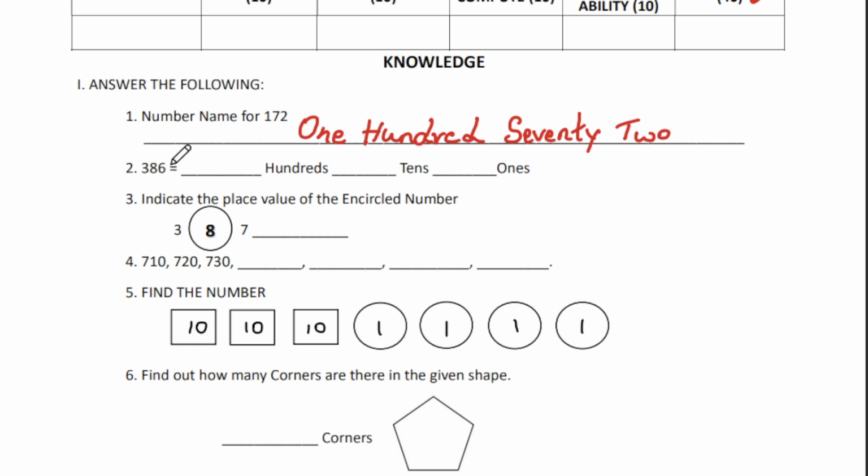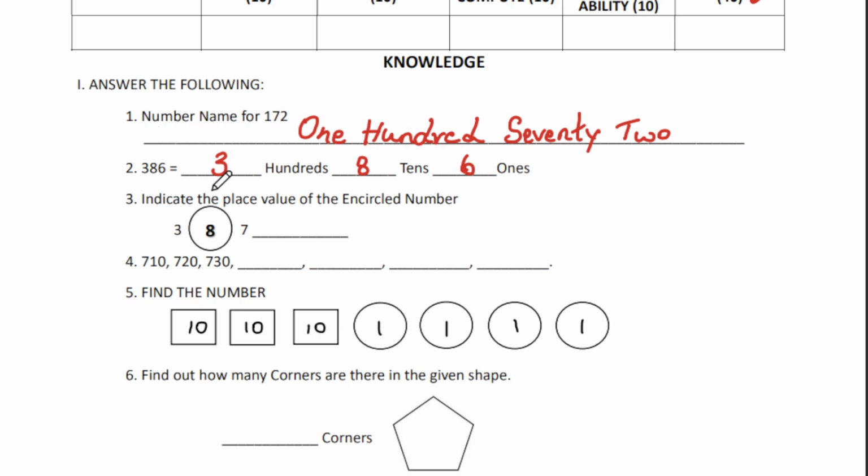Okay, next, 386: hundreds, tens, ones. So we have 300s, 8 tens and 6 ones.